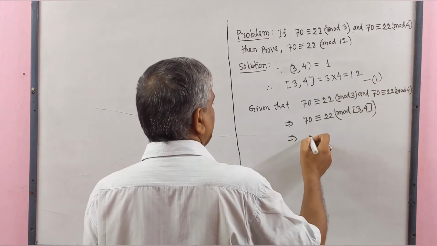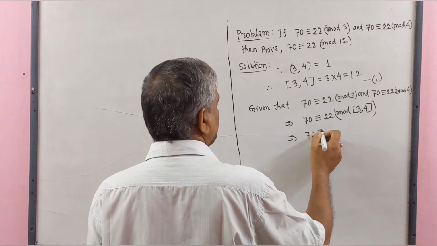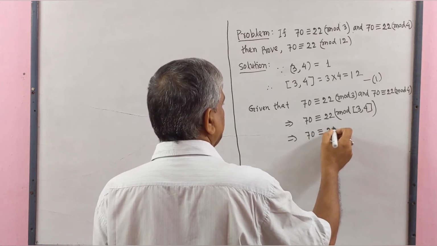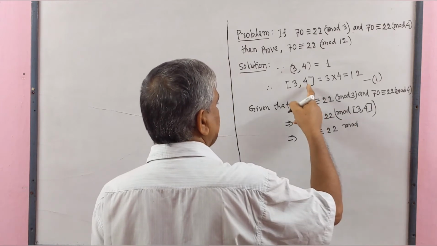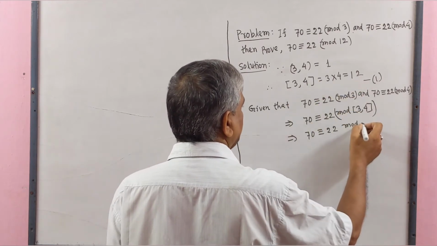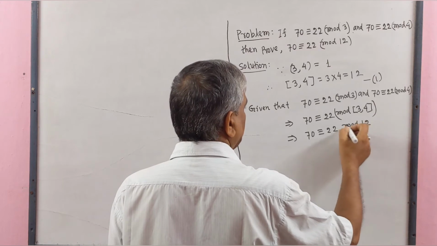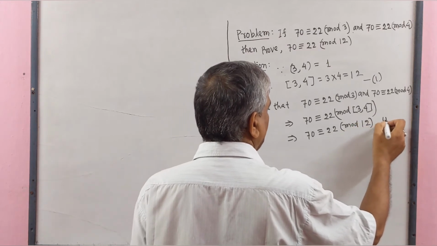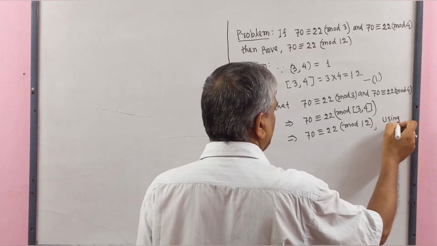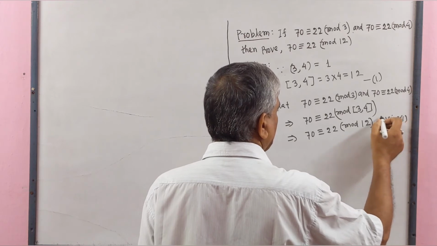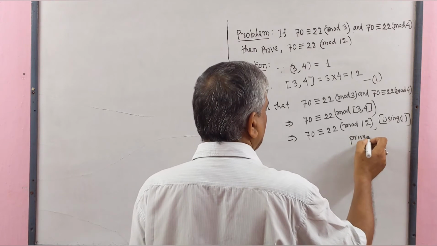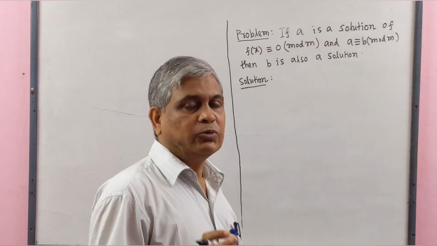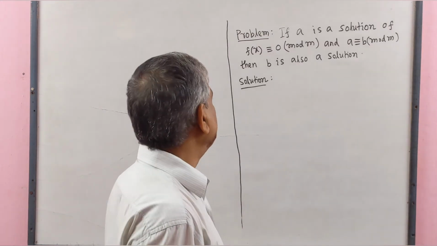Implies that 70 is congruent to 22 modulo 12, since the LCM of 3 and 4 is 12, using 1. Proved. Now we solve the next problem.